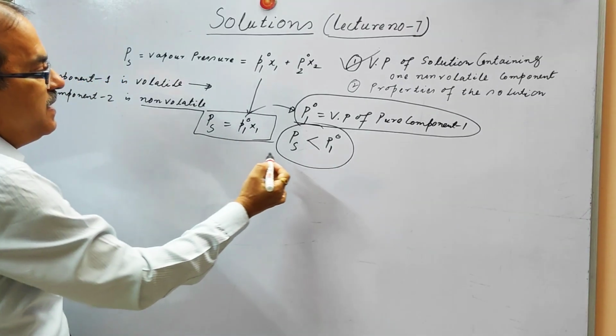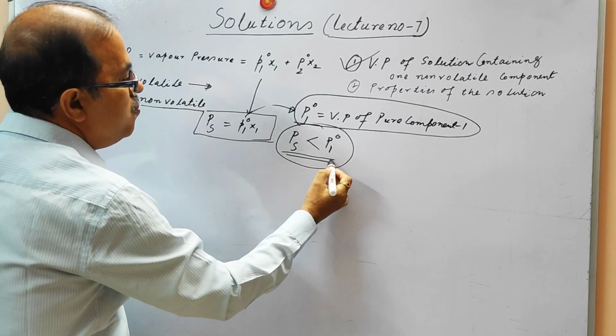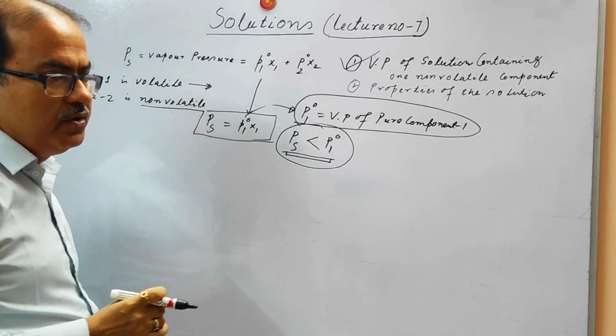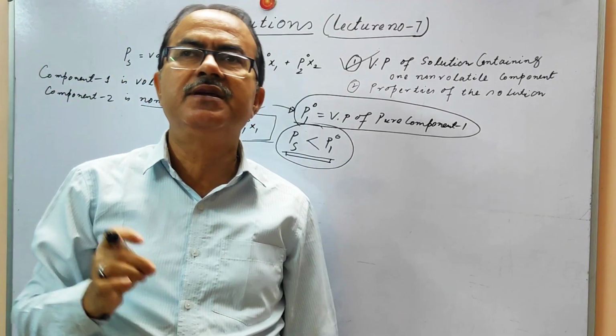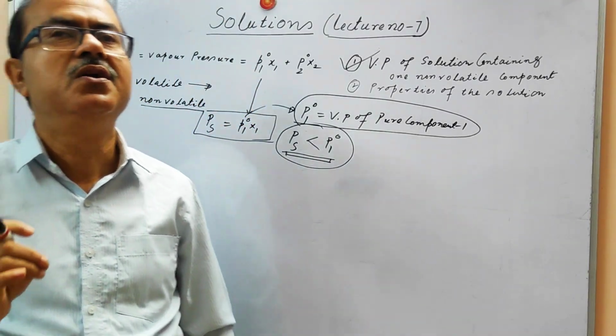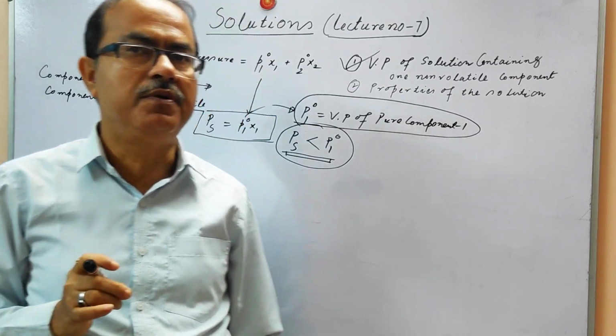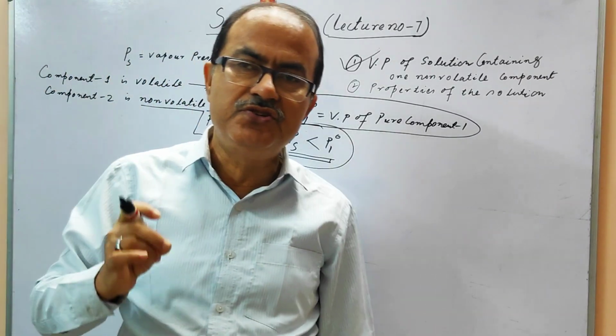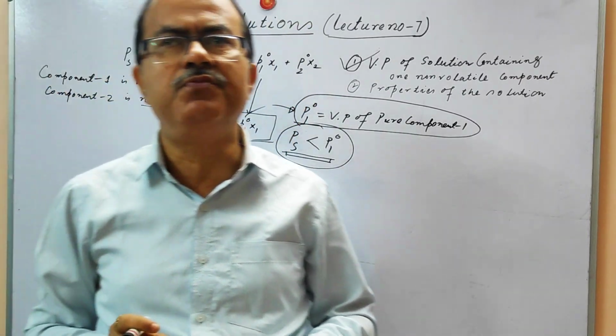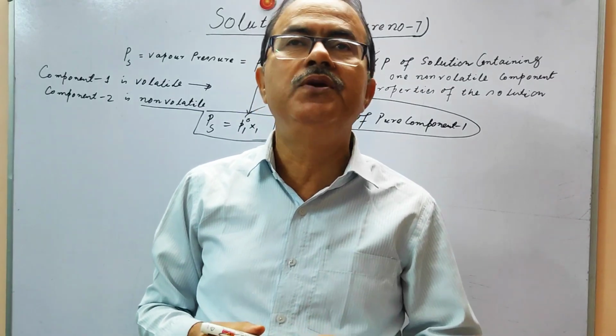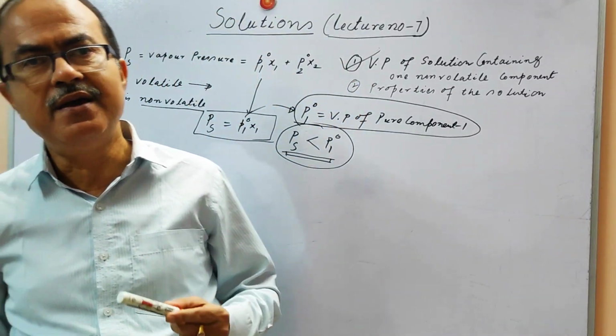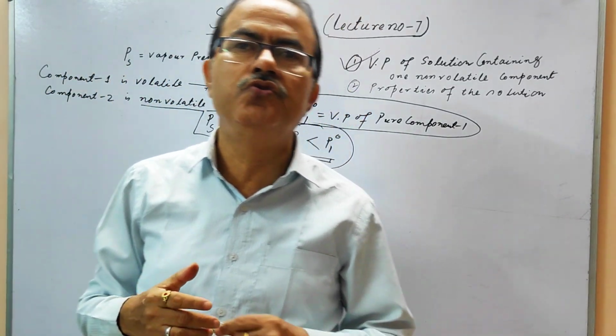So for this solution the vapor pressure will always be lower than that of the pure component, and this reduction in the vapor pressure of the solution can be correlated with different properties of the solution.